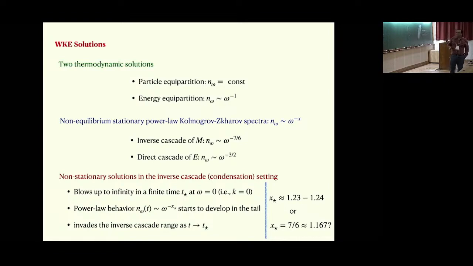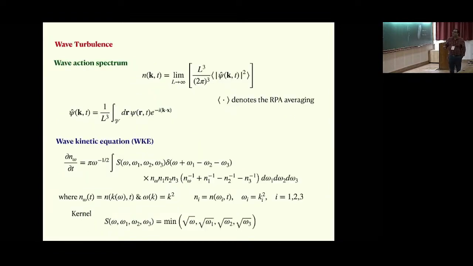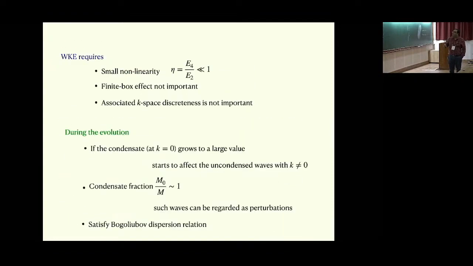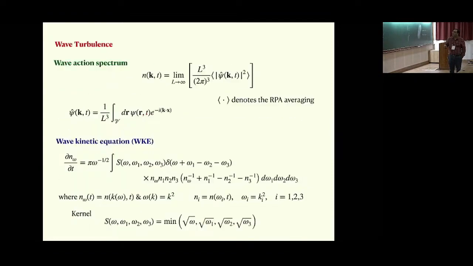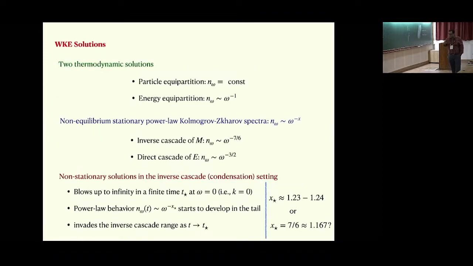If you want to convert this back in terms of n k, I think I will come back to it. Those are the two thermodynamic solutions. And you can have non-equilibrium stationary power law, Kolmogorov-Zakharov spectra as well, which Miguel was talking about. For an inverse cascade, you will have n omega as omega to the power minus 7/6, and for a direct cascade, omega to the power minus 3/5.